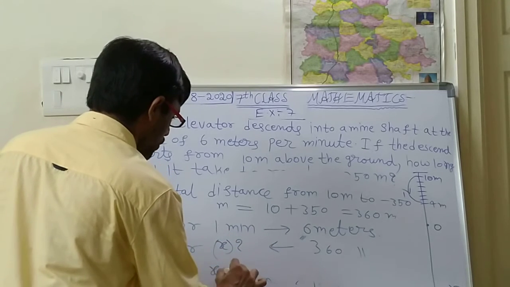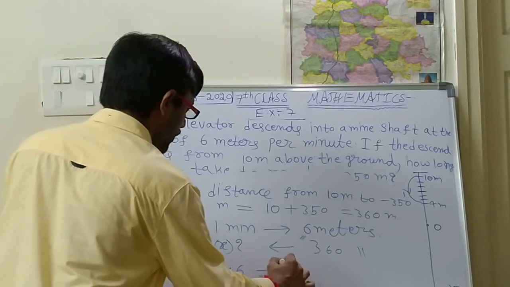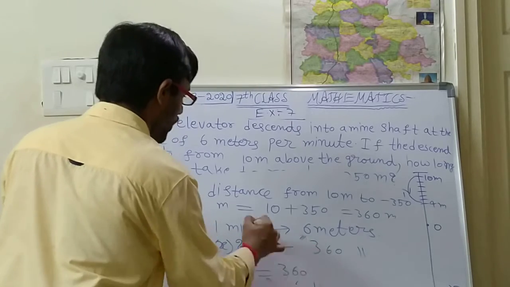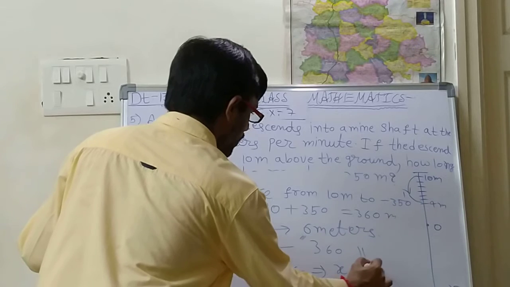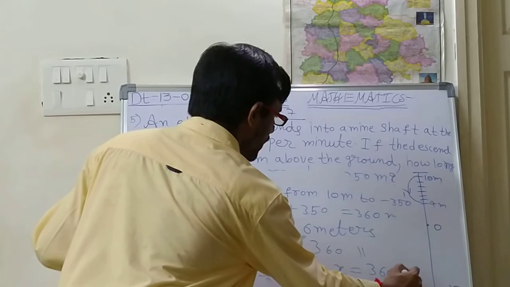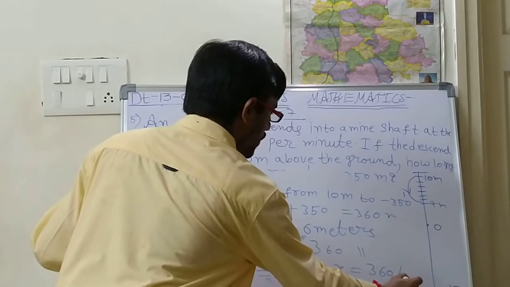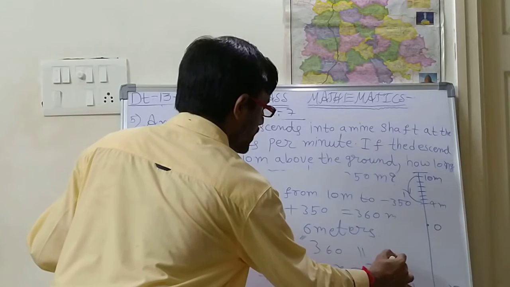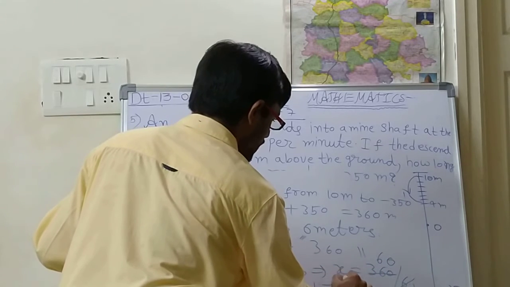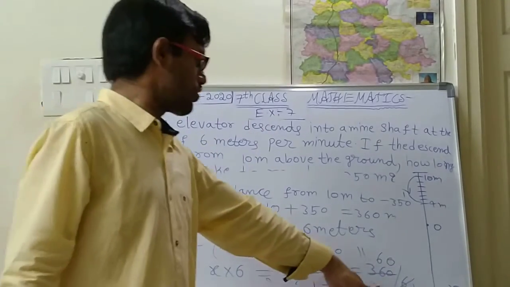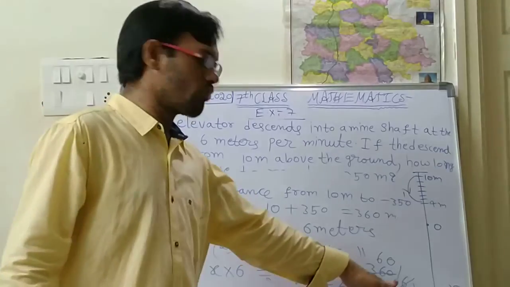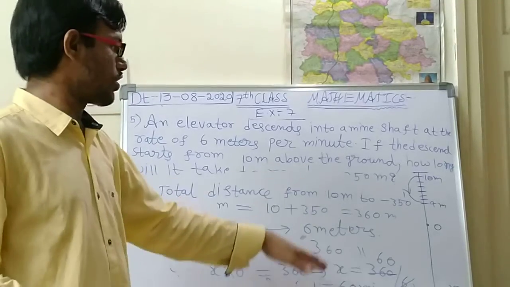So x into 6 meters is equal to 360 into 1, which is 360 only. That implies x is equal to 360 by 6. 6 ones are 6, 6 sixes are 36, 0. So 60 minutes. 60 minutes means usually 1 hour. So here write down 1 hour. Okay, like this you have to do.